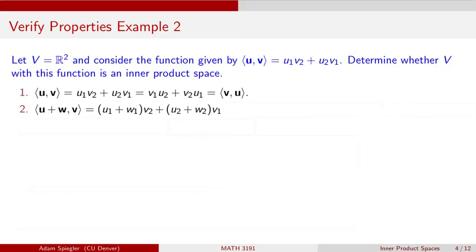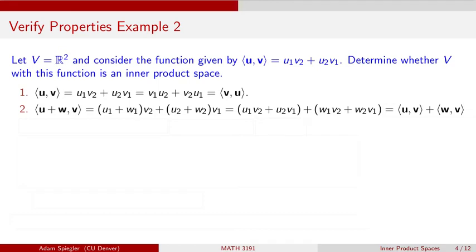And now we can reorder our terms. So I can write this as u1 times v2 plus u2 times v1, plus w1 times v2, plus w2 times v1. So this first term is the inner product of u with v. This second term is the inner product of w with v. So this second property checks out.